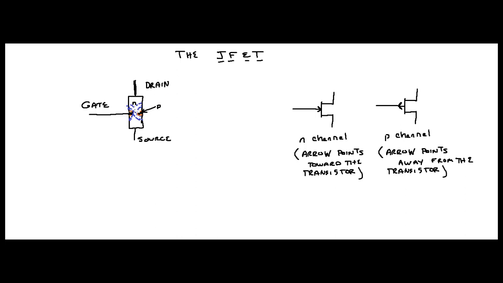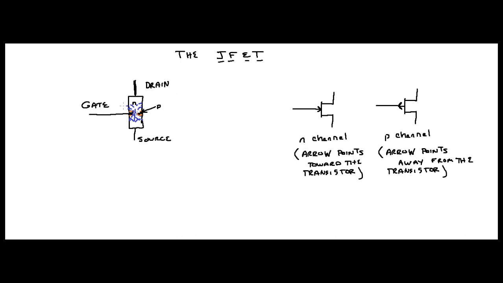So this part here in the middle is called the channel. This is an N channel JFET, okay? And you control the channel by the voltage at the gate, alright?